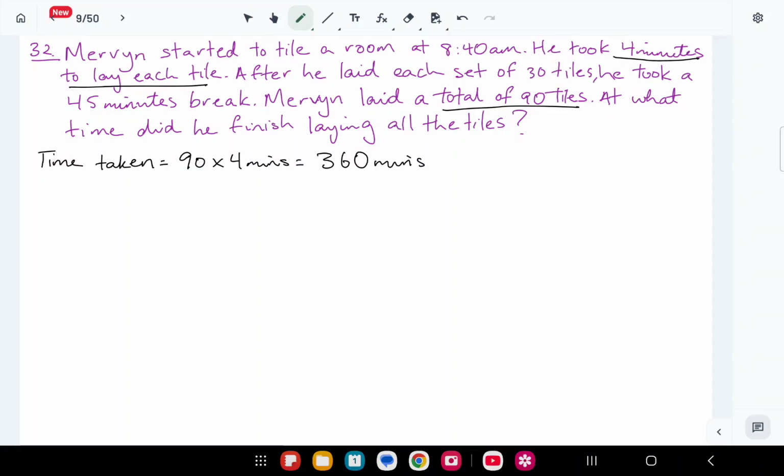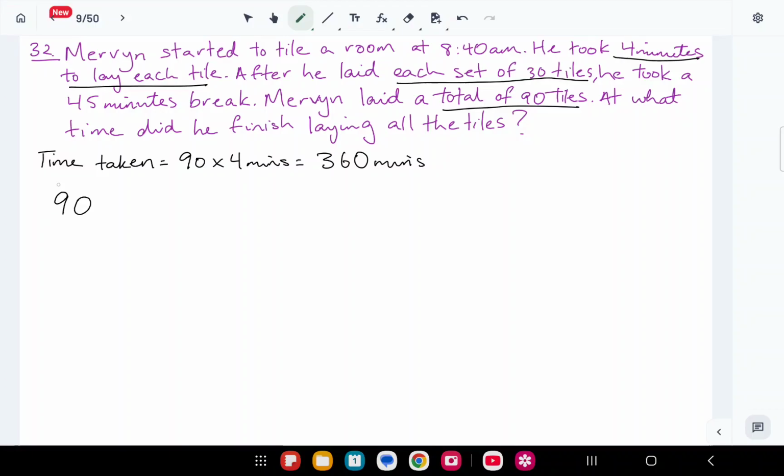So we know the total time taken based on laying each tile would be 360 minutes, right? 90 tiles at 4 minutes a tile is 360. Now from the question, after he laid each set of 30 tiles, so it's 90 tiles now, we need to find out how many sets of 30 we get from 90.